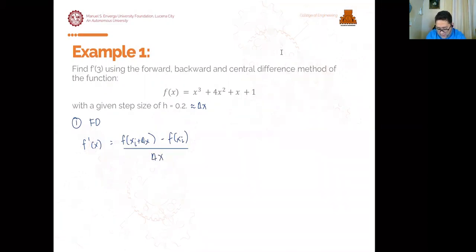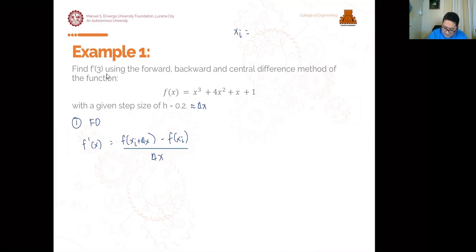Okay? The x sub i in this solution pertains to the point where we are finding the value of the derivative, no? So here, f prime of 3, no? So 3 is our initial point. Okay? So our x sub i is 3. In our formula we need x sub i plus delta x, so we add 0.2 to our 3. So that is 3.2. Okay?